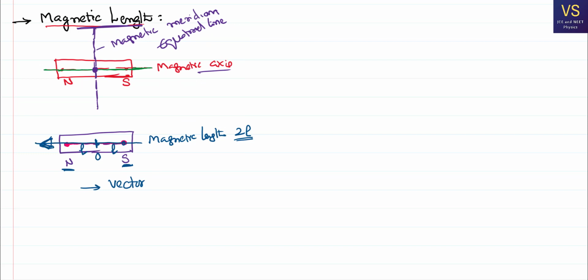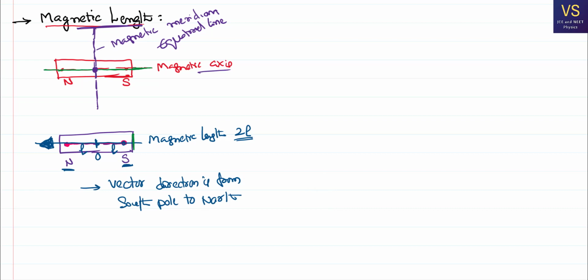This is the direction of the magnetic length. Be careful that magnetic length is not a scalar, it's a vector whose direction is from the south pole of the magnet to the north pole, from south to north.